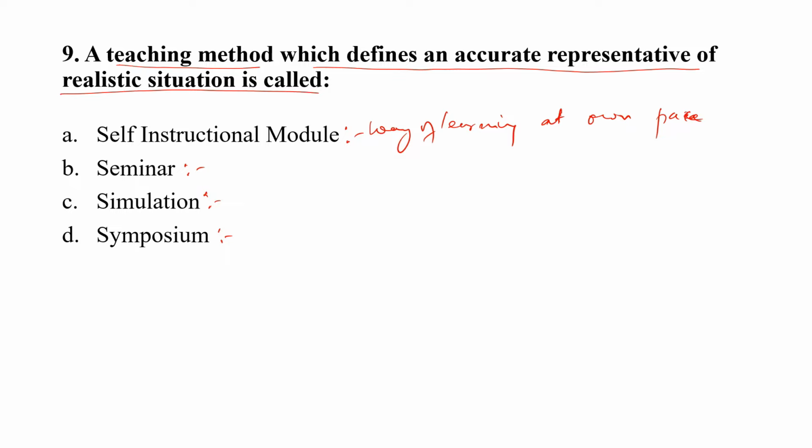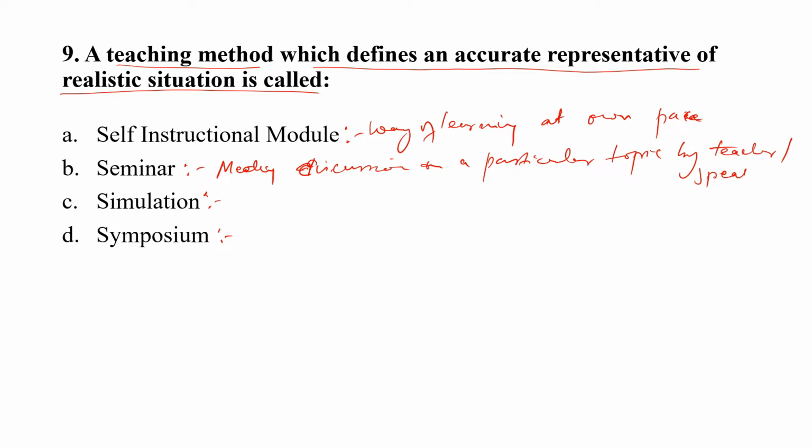Seminar is a type of meeting for discussion on a particular topic by a teacher or speaker. Simulation is the imitation of a realistic situation or process.